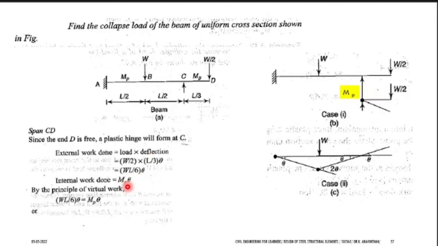If you equate both, WL by 6 into theta equals MP theta. Now what do you need? You need W, which is the collapse load. So keep W here and take the rest of the things outside. You will get Wu as 6 MP by L.